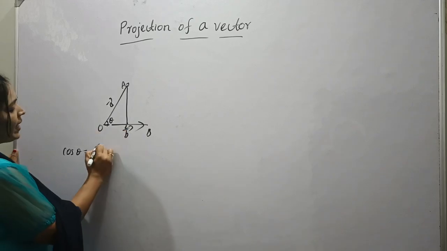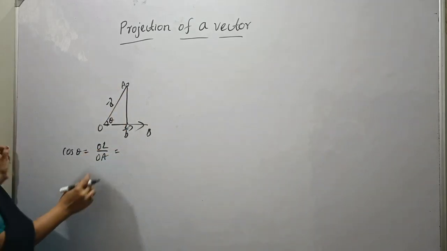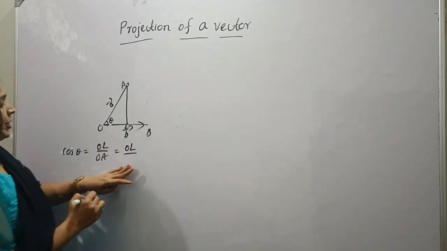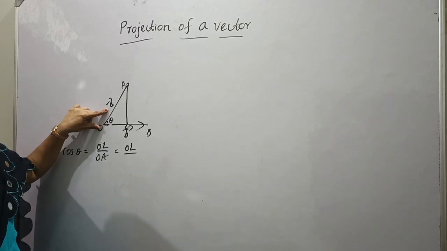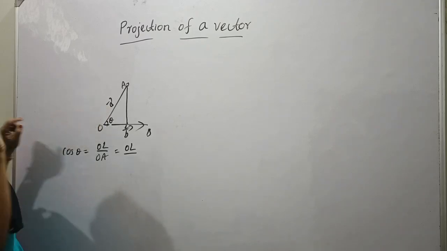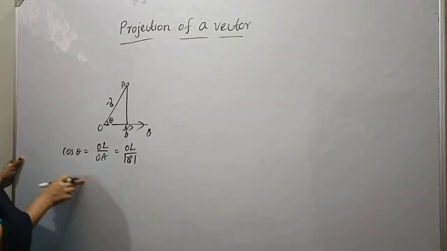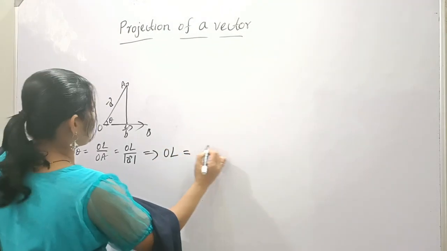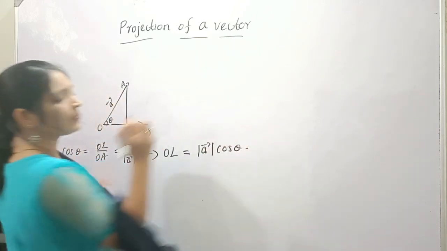That is OL divided by OA, right? So here what is OA? OL divided by, here OA, it is the vector A, right? What is its length? That is magnitude, right? So modulus of vector A, right? So take this modulus here. So here we will get OL is equal to modulus of vector A cos theta.